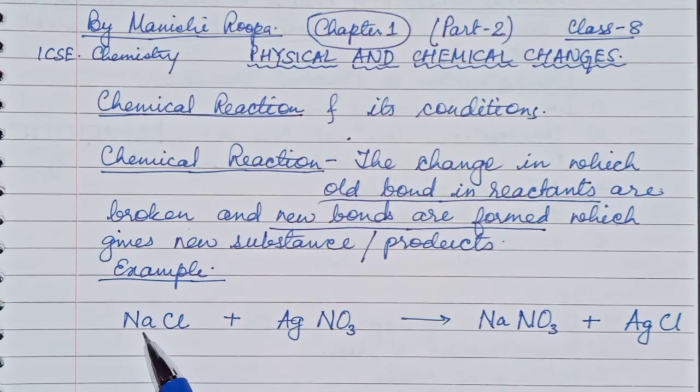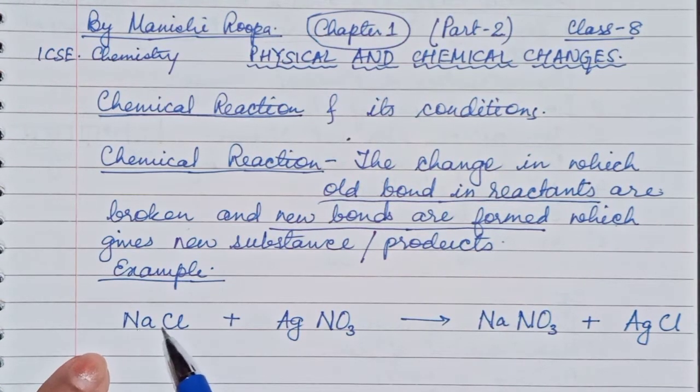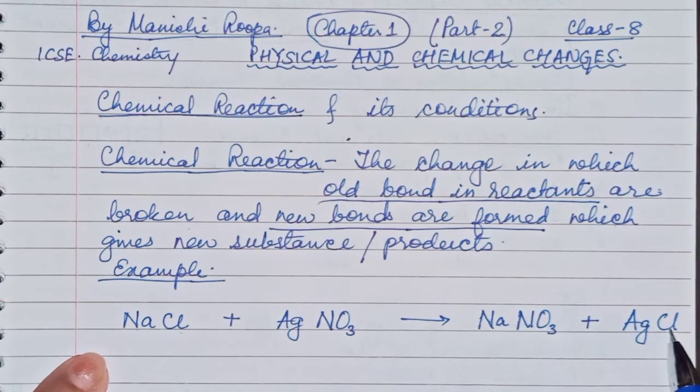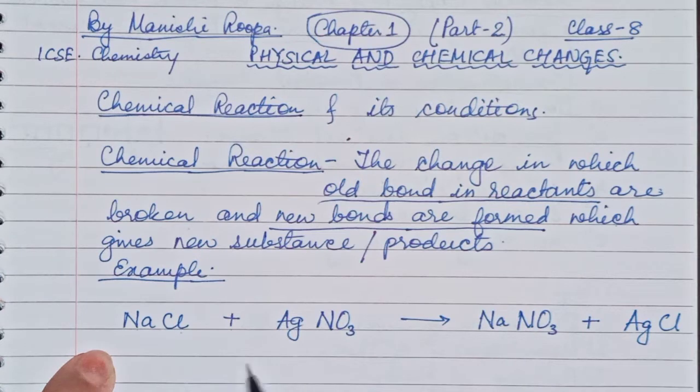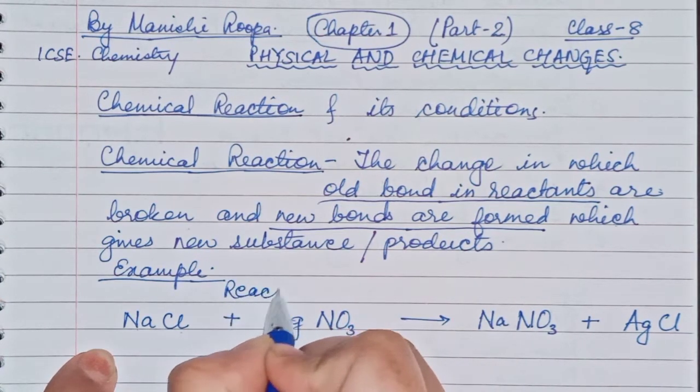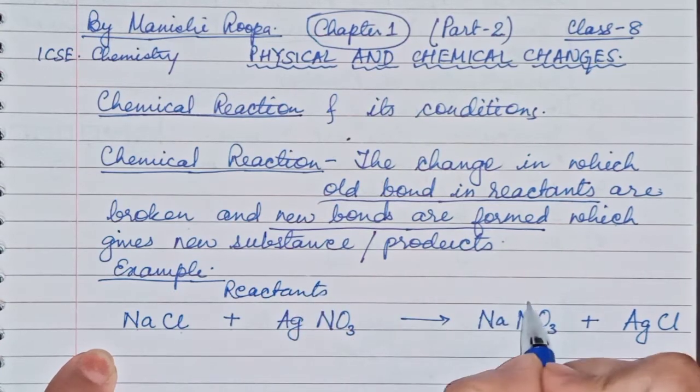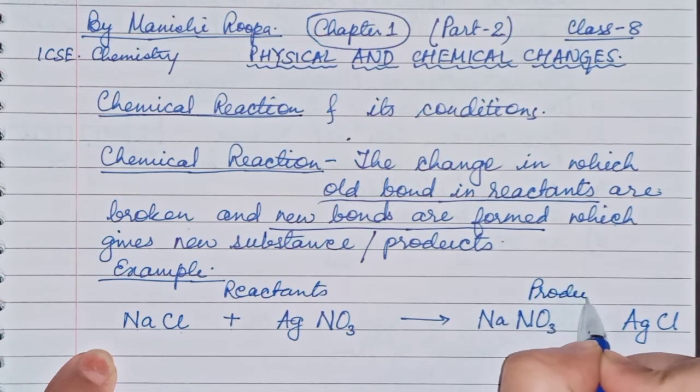Let's take one example of sodium chloride. When it reacts with silver nitrate, it will give sodium nitrate and silver chloride. You all know that the left hand side is reactants and the right hand side is products.